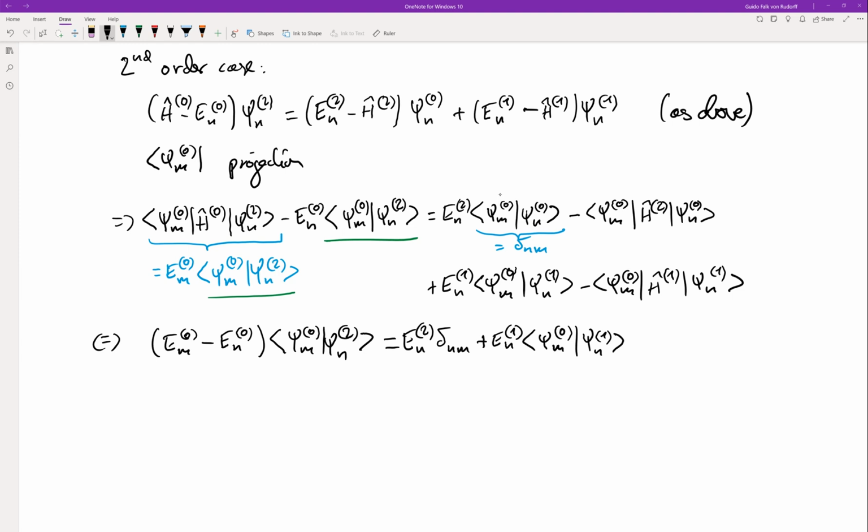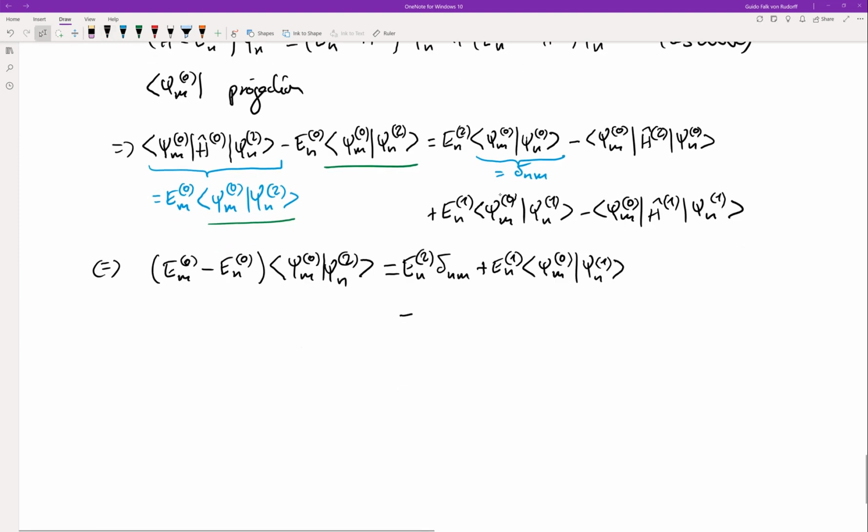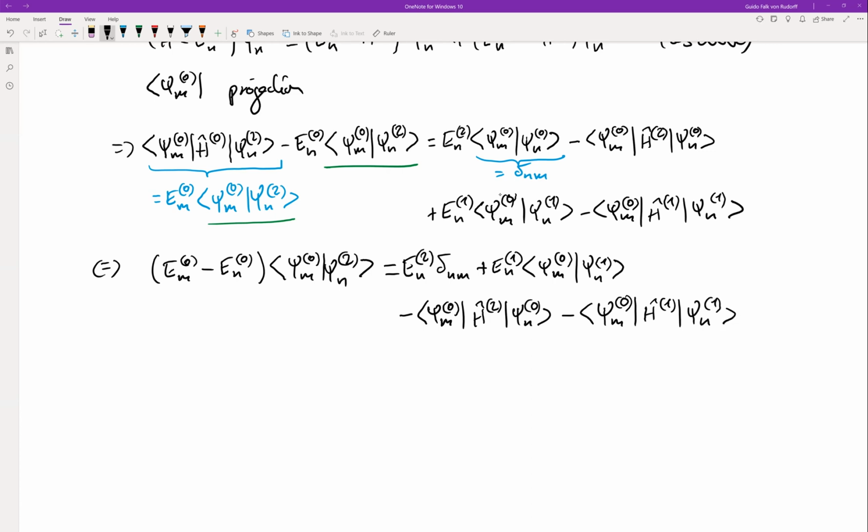And then we have the two expressions from the Hamiltonian with the operators. So that would be then minus psi m0 second order perturbation. That's just copying the terms that we had in the previous line. They are unchanged. So first order perturbing Hamiltonian of psi n1. Okay. Doesn't look too bad.